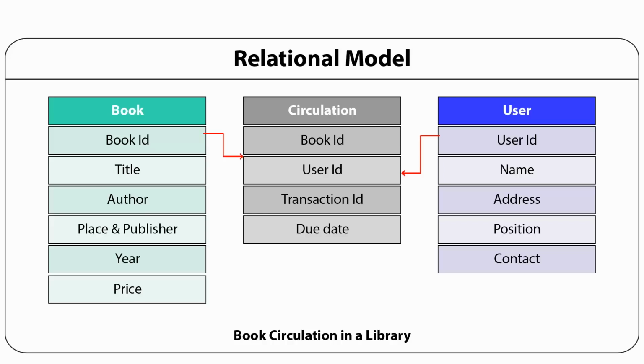If we want to search who has borrowed which book, we go to the circulation table, give the user ID, and find the details of the person through the user table. Then the same circulation table gives, through the book ID from the book table, all the details of the documents this person has borrowed from the library. So this way, it is a kind of relation among different tables which can work together and produce a system.